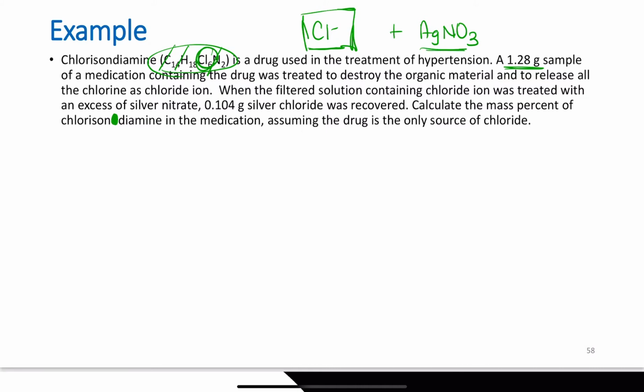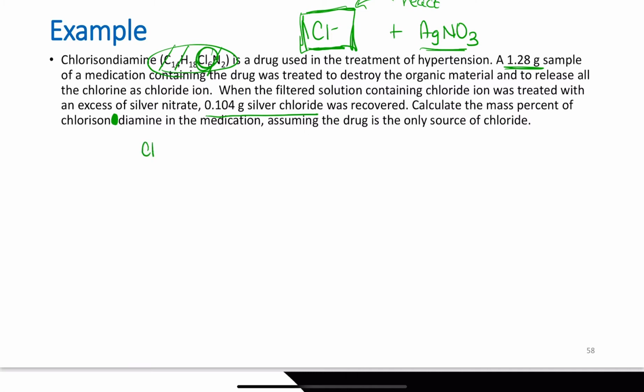In excess, because we're going to learn about limiting and excess reactants in the next chapter, but that means that all of this will react, and we don't have to care about how much of the silver chloride is present. I then recover 0.104 grams of silver chloride. I want to know the mass percent of the chloroisodiamine in the medication, assuming the drug is the only source of chloride.